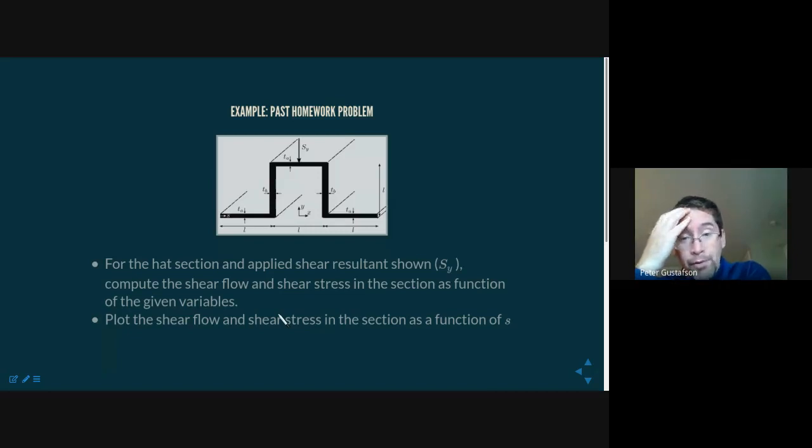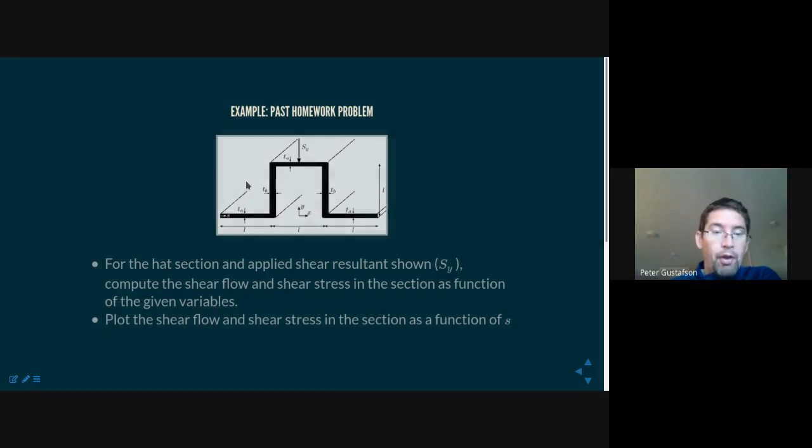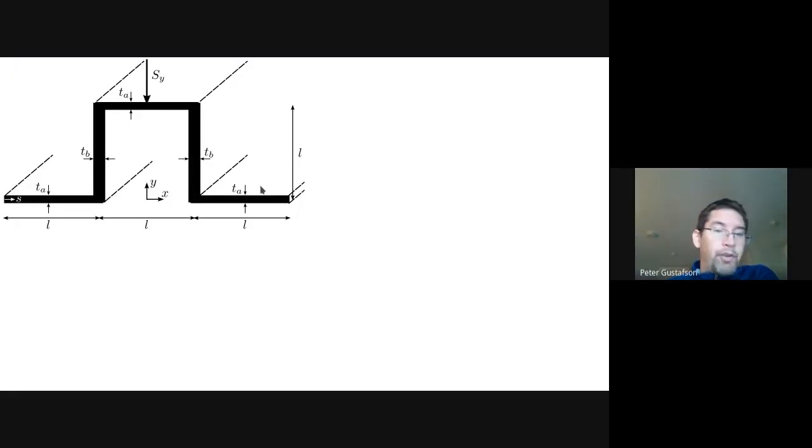So the example I'm now presenting actually used to be a homework problem I've assigned in the past. I decided to make it a lecture example because I think it's a nice demonstration. Here is the cross section that we're looking at. We're going to call it a hat section because it roughly looks like a fedora or something. We're going to have 3 equal length sections, actually 5 total sections.